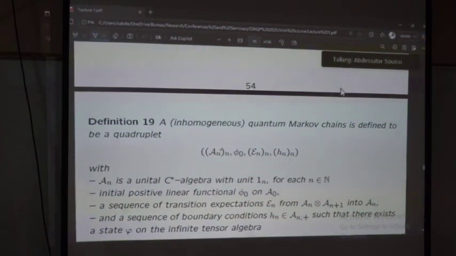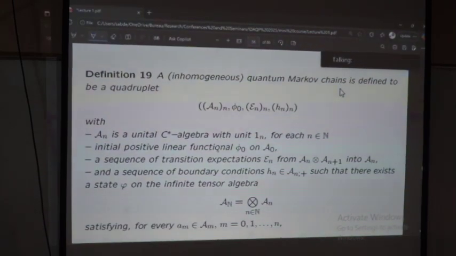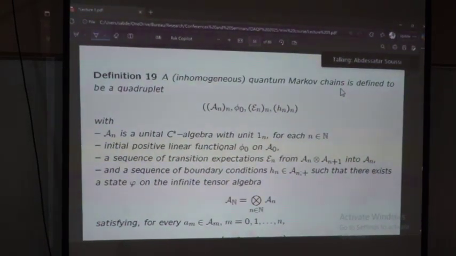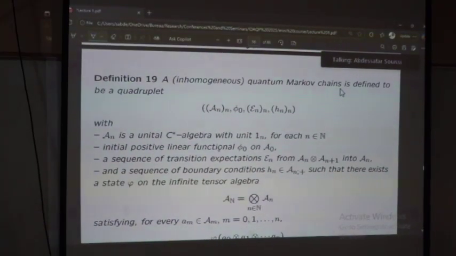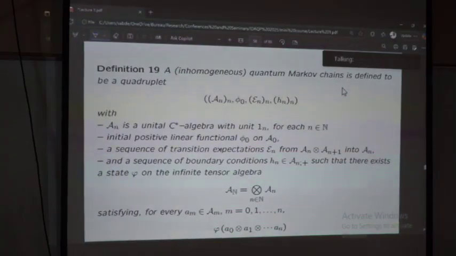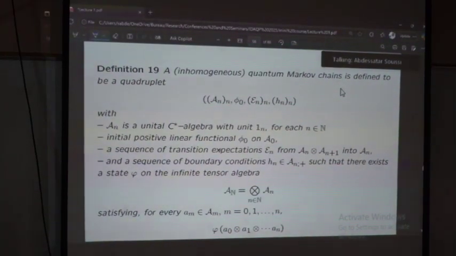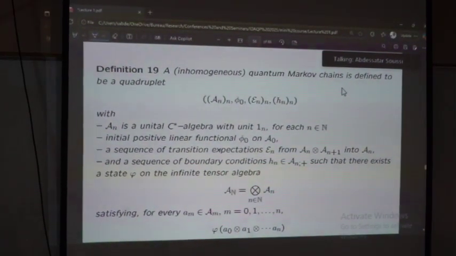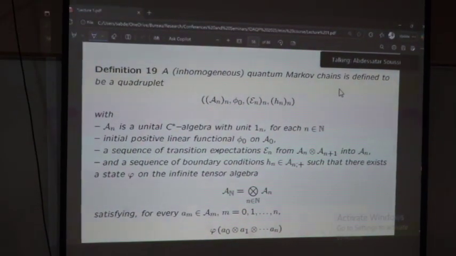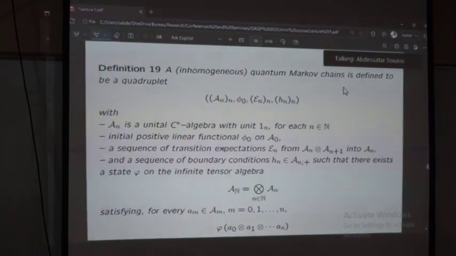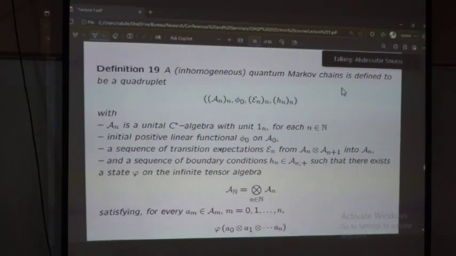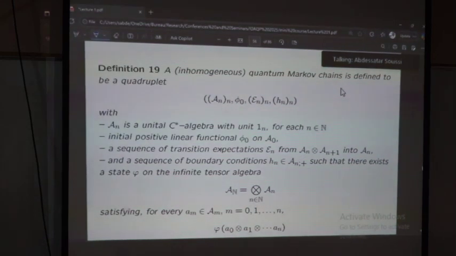Now we are going to set the definition of quantum chains as introduced by Professor Accardi in 1974. So a quantum chain is defined to be a quadruple of algebras A n, which are here the observable algebras, and the sample algebras, a state phi zero on the initial algebra, replacing the initial distribution, and the sequence of transition expectations.